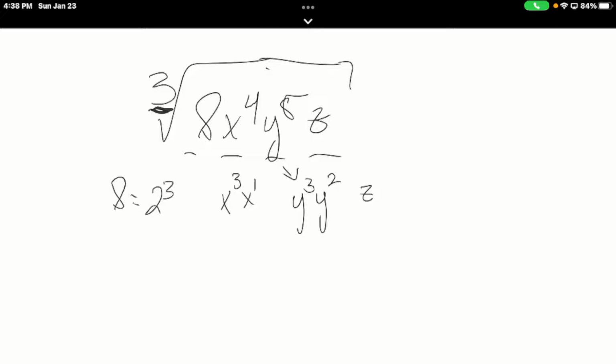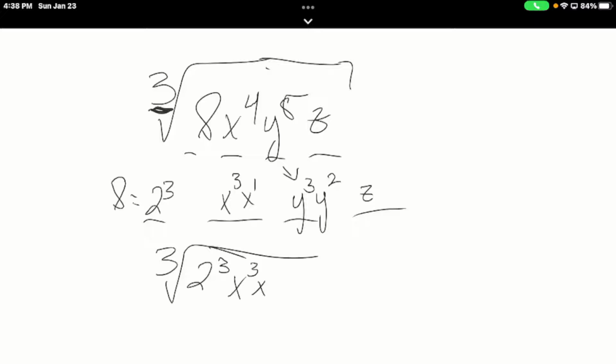Okay? So what I'm going to do, I'm going to replace all of these things in my original radical. I've got the cubed root. 8 is the same thing as 2 cubed. X to the 4th is the same thing as x to the 3rd x. Y to the 5th is the same thing as y to the 3rd y squared. And z I'm leaving alone.